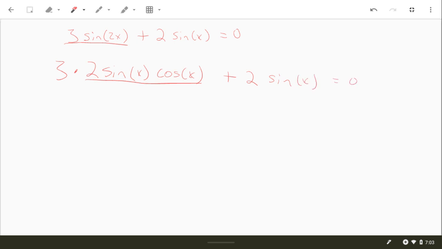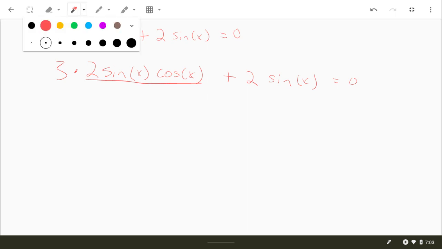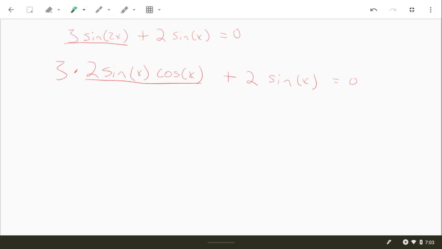Okay. What I'm going to do now is I'm going to divide by 2. So if I divide everything by 2, it's just going to cancel those 2's out right there. So this is going to give me 3 sine cosine plus sine equals 0.